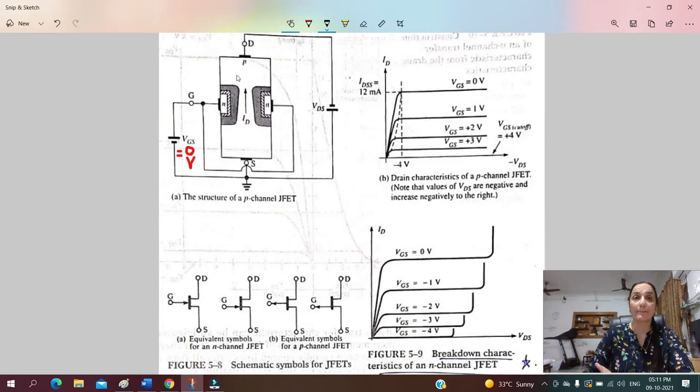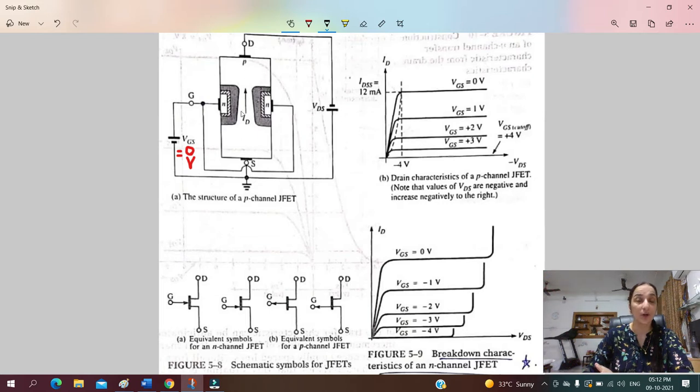The reverse bias potential arises from the voltage drop along the length of the bar, because the gate is at ground. When you connect P to the negative voltage drop, then definitely these two PN junctions on both sides of the channel will become reverse biased due to this voltage.